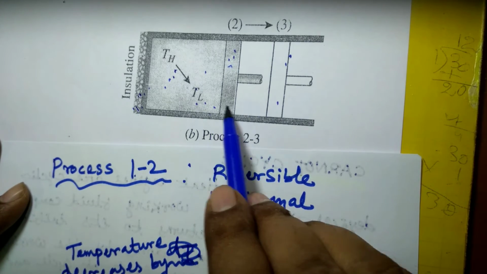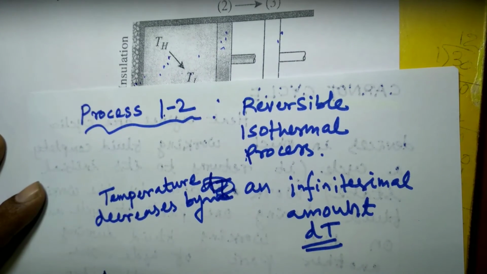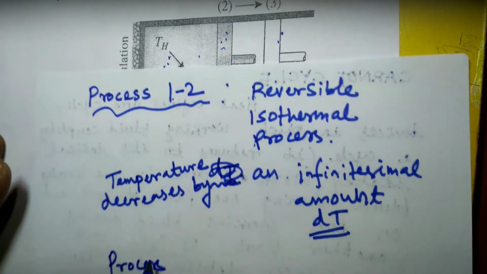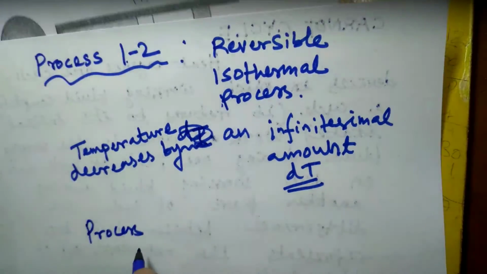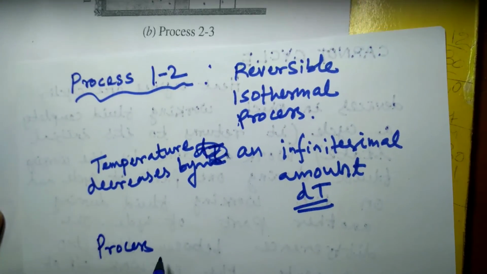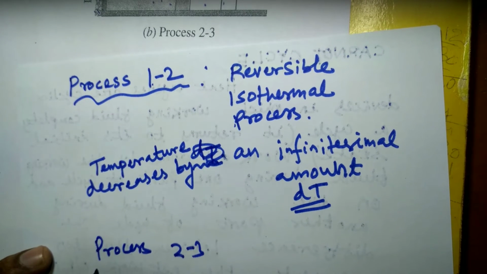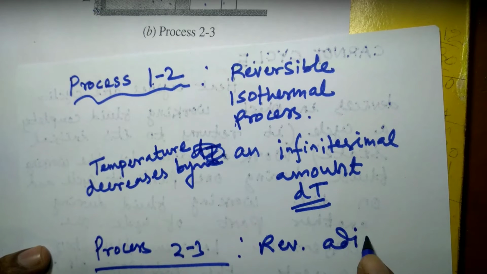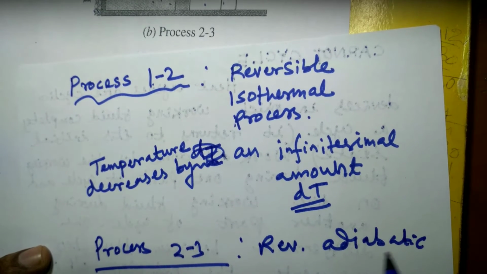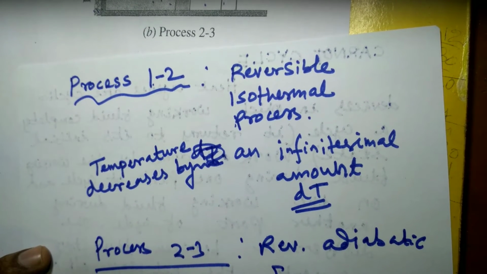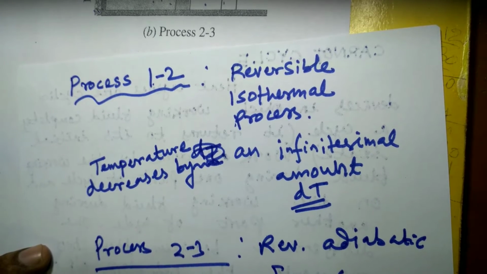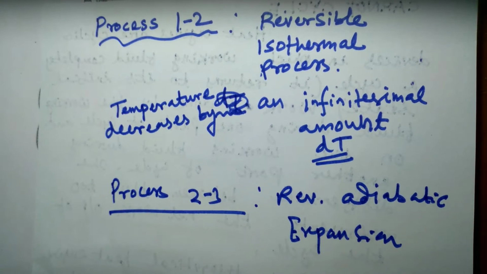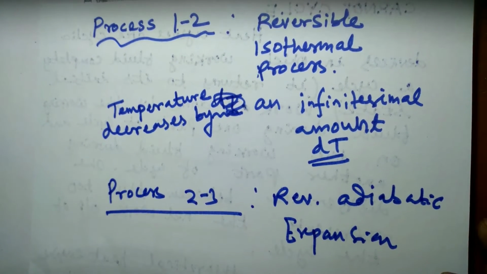So this is process 2 3, a reversible adiabatic expansion. Processes 1 2 and 2 3 constitute the expansion part of the cycle.